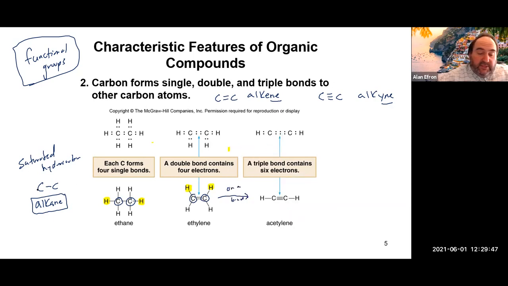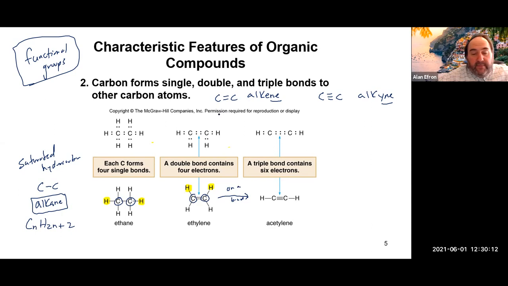So in terms of the general formulas, alkanes have a general formula CnH2n+2. What is n? n is the number of carbons. So in the case here of ethane, 2 carbons, 2 times 2 is 4, plus 2 is 6, and that's why ethane has 6 hydrogens around it.